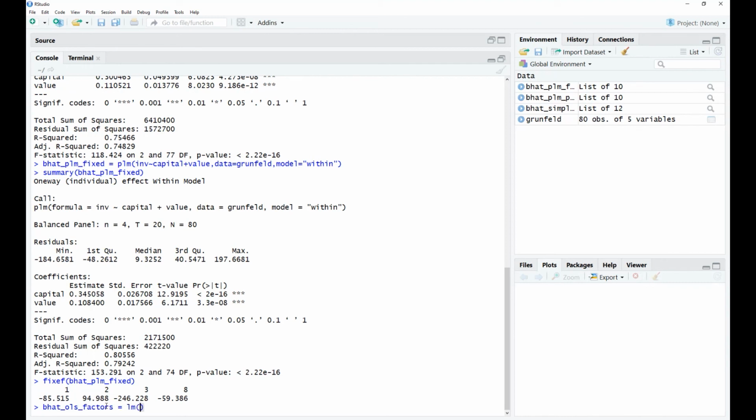This would be investment, capital, value, plus factor of the firms. And the data would be Grunfeld.